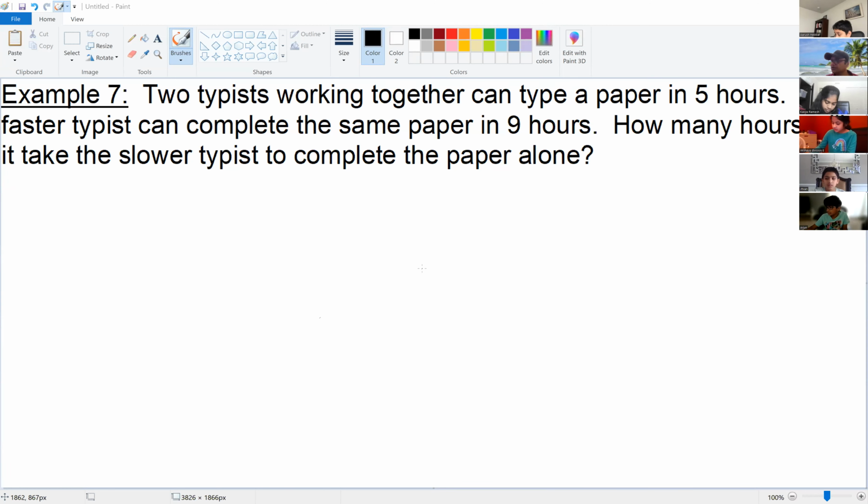Vihan, Chinmay, Shivika, I cannot see your face. Are you able to see my screen? I can't. Chinmay, you cannot? Yeah, I cannot. Everybody else can see my screen? Yeah, I can see your screen. Mr. B, can the answer be a decimal rounded to the nearest hundredth?